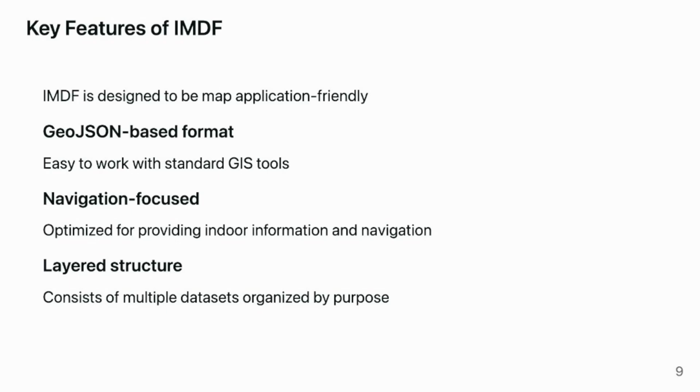Second, it's specifically designed for navigation and providing information, which sets it apart from other formats like BIM. Third, the data is organized in a layer structure consisting of multiple datasets organized by different purposes.